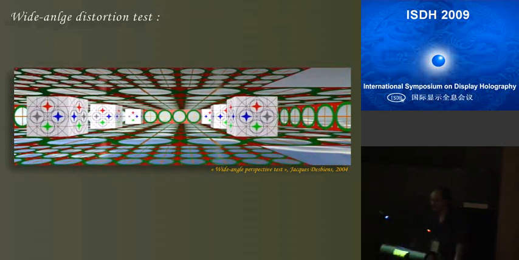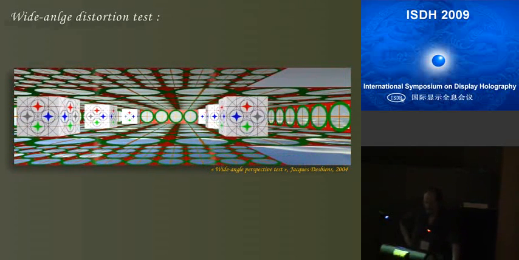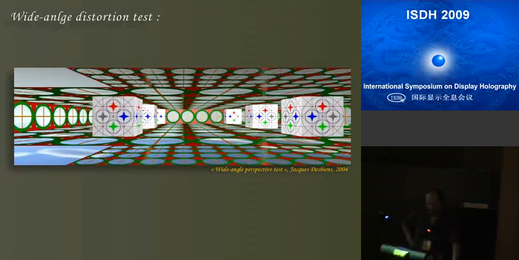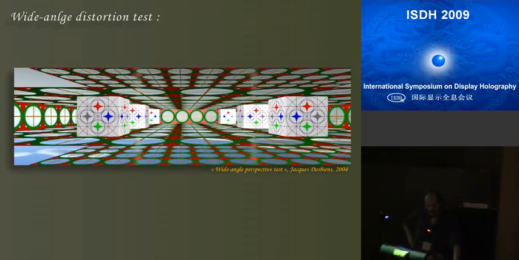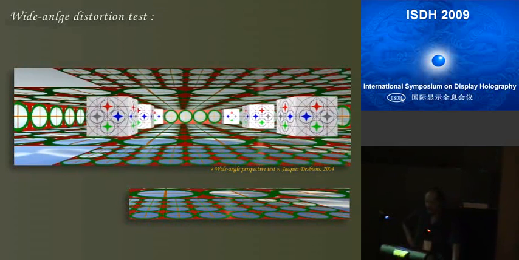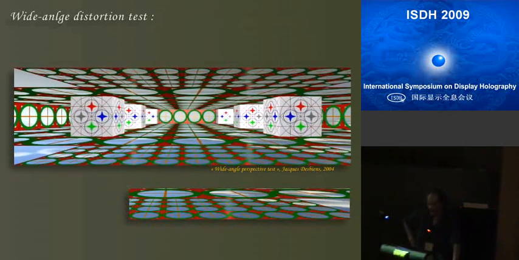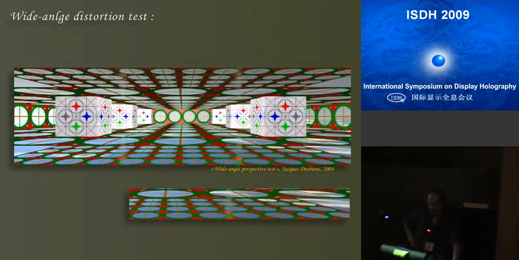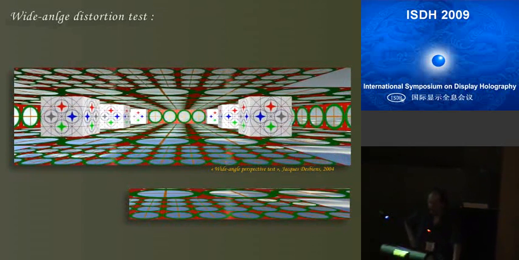And I got really confused. I was looking at this, and then I noticed that on my rendering, on the corners, I had Da Vinci's distortion.